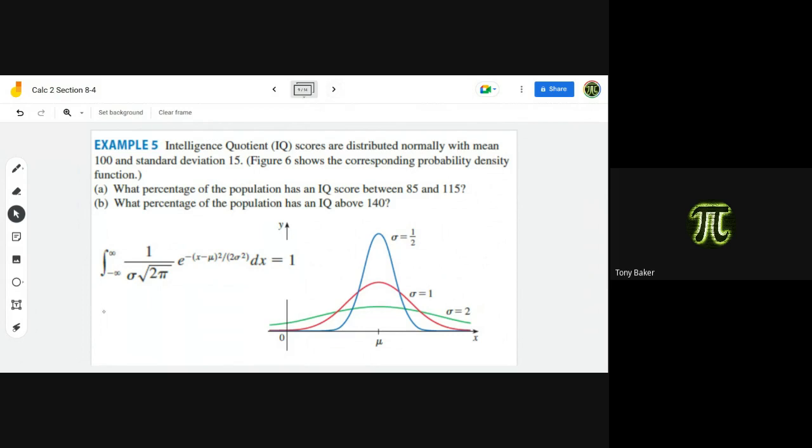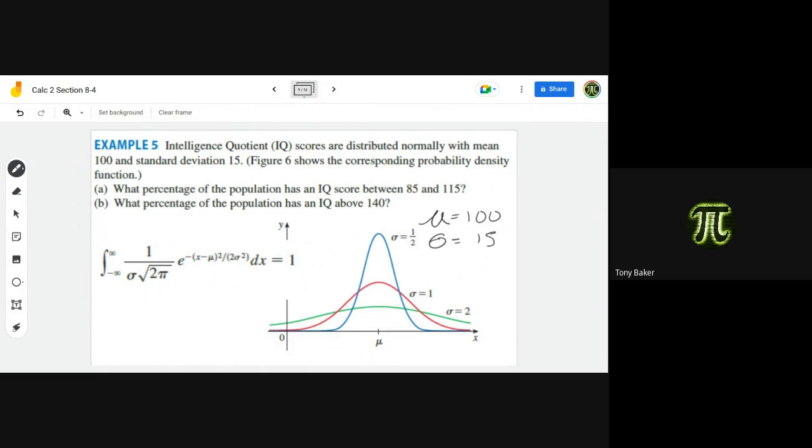So for this one, I have my mean, which is 100, and my standard deviation is 15. That little symbol in there is a lowercase sigma, and that's the lowercase mu.